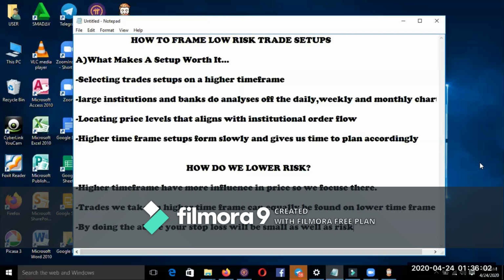You want to locate such an area that aligns with maybe your Fibonacci, order blocks, mitigation blocks, breaker blocks. It should align and match with one of those, so that it gives you a lot of confirmation towards your trade setup and makes you feel more comfortable.